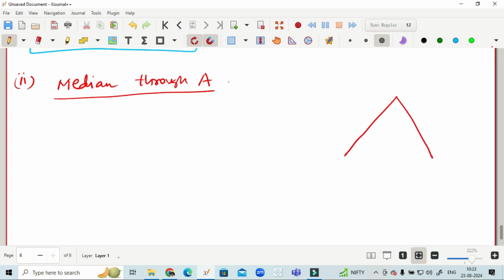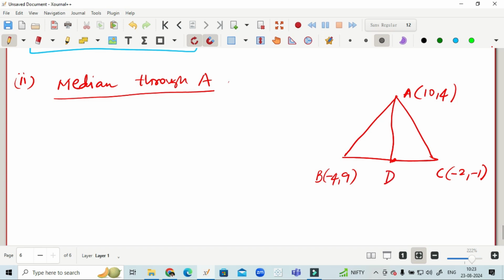This is A (10, 4), B is (-4, 9), C is (-2, -1). So this is the midpoint. Let's call the midpoint D.